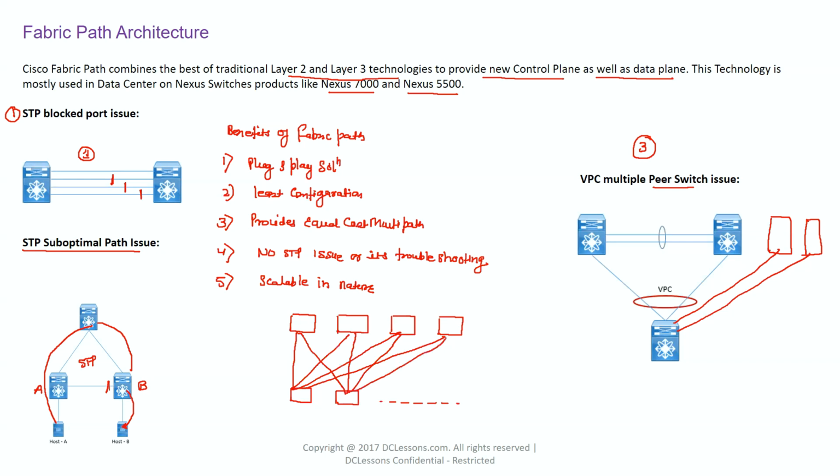So this is my spine switch, and this is my edge switch. And here I am running FabricPath.